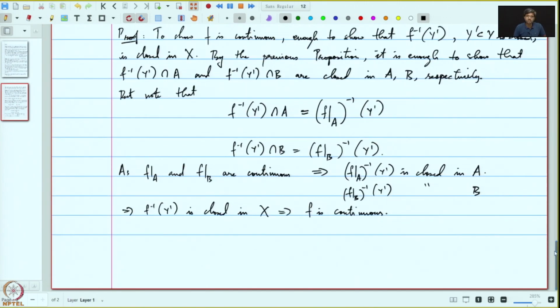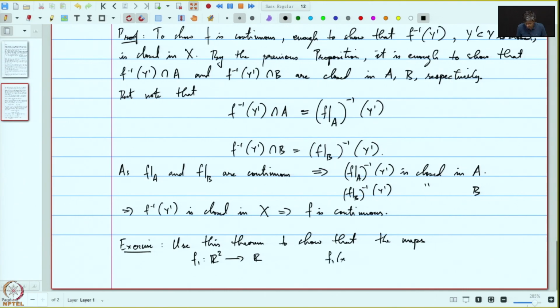Okay. So as an application of this theorem, use it to show that the maps, so we have two maps, let's say f1 from R2 to R, f1 of (x, y) equal to the maximum of x and y, and f2 of (x, y) equal to the minimum of x and y, are continuous.